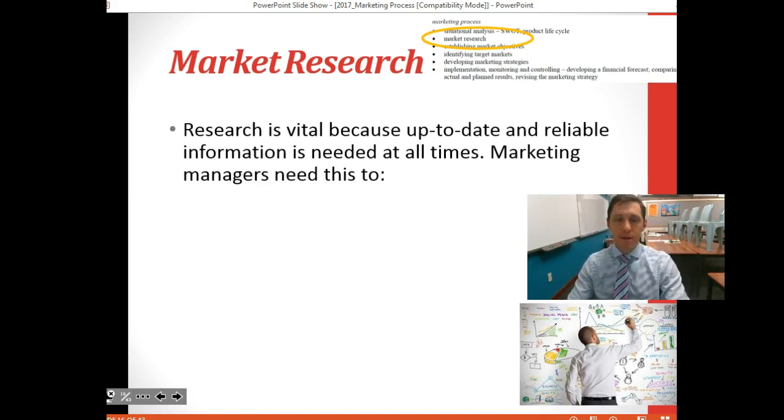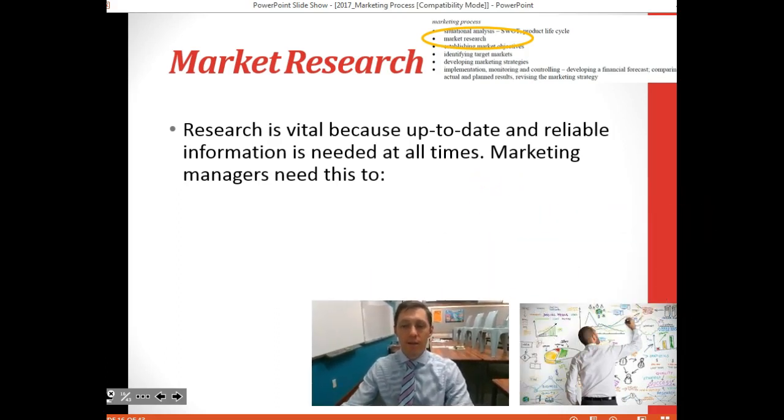It probably goes without saying that research is vital, because up-to-date and reliable information is needed at all times. Even when the marketing plan is completed, an organisation would still be collecting market research to make sure they're staying on top of their market.